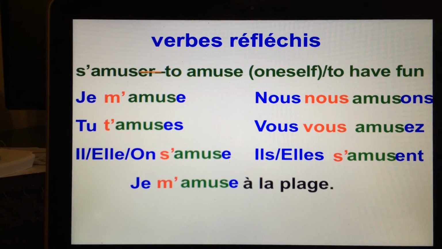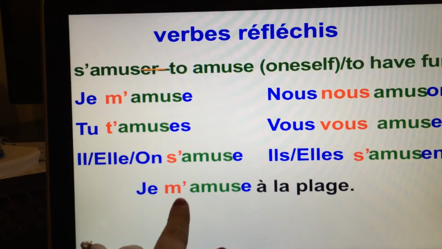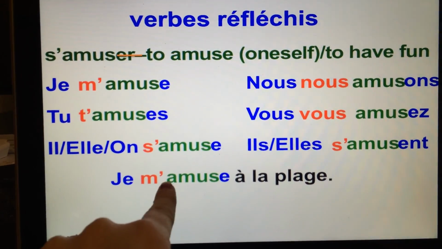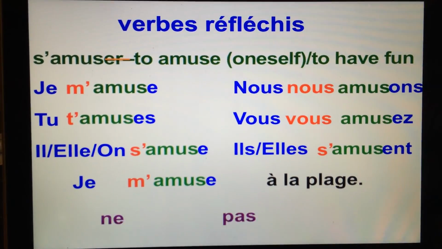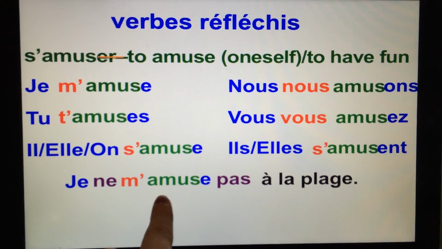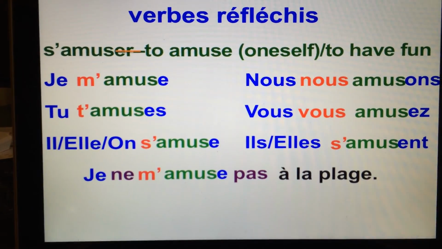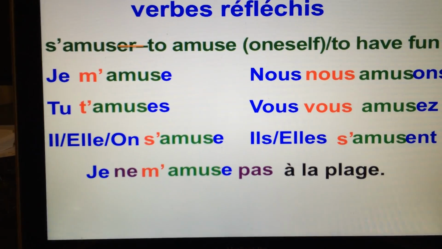However, with reflexive verbs, that pronoun loves that verb so much that the ne pas can't break them apart. So our ne pas, to make the sentence negative, is actually going to go around both the reflexive pronoun and the conjugated verb. So negatively, je ne m'amuse pas à la plage. I am not having fun at the beach.